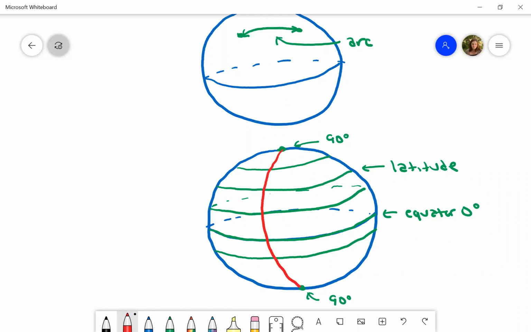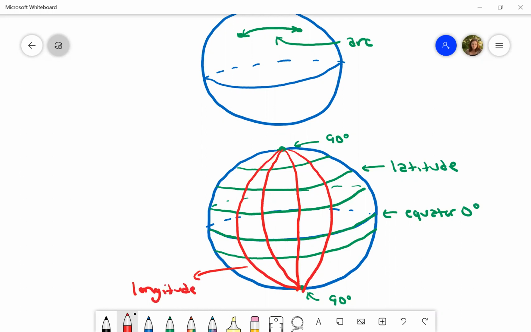And these are called longitudes. So the red ones are longitude. We do have a 0 degrees longitude. I'm trying to remember the 0 degrees longitude, if it has a special name. I don't think it does.